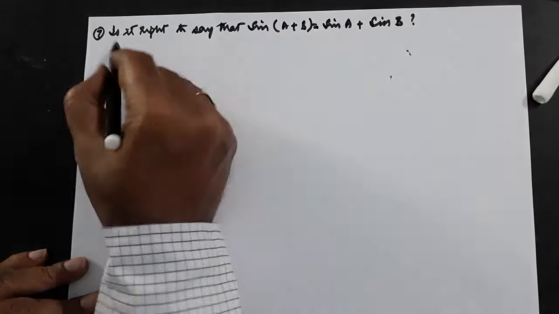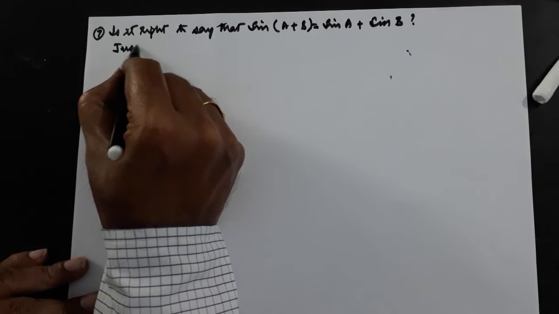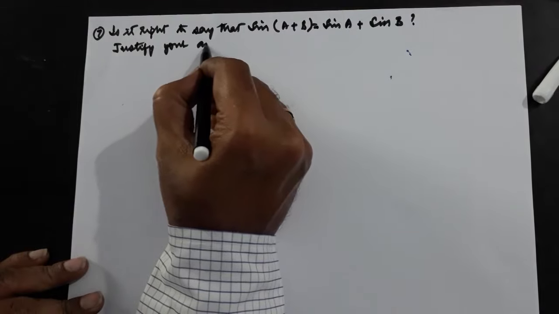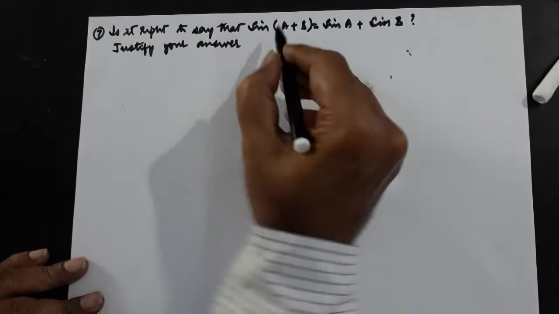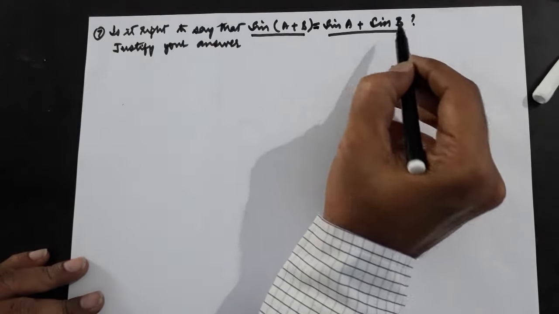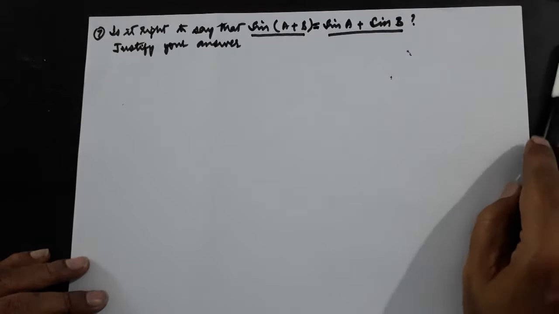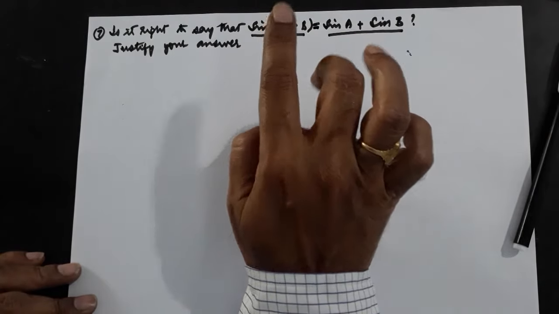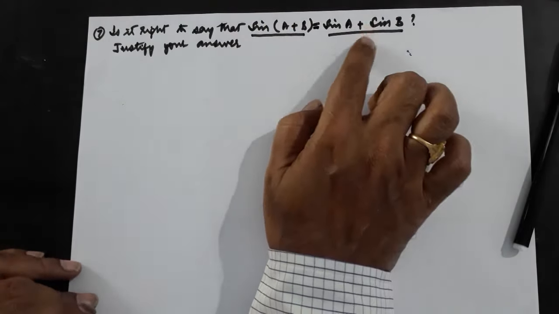Justify your answer. Is it right to say sin(a + b) equals sin a + sin b? No, we cannot say that. Sin(a + b) is not sin a + sin b. It is sin a cos b + cos a sin b.